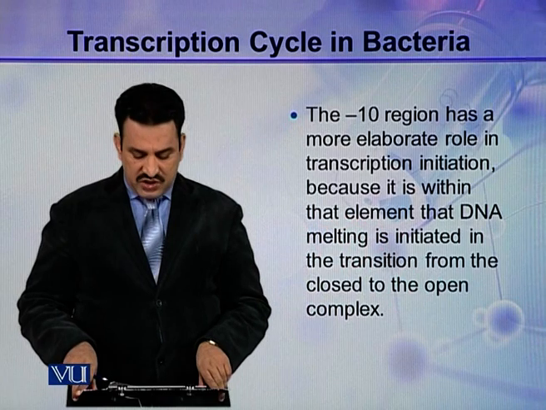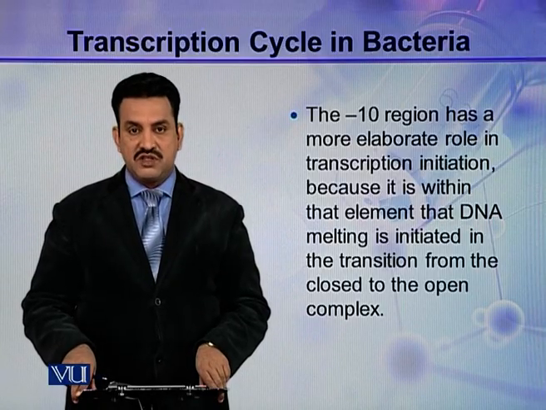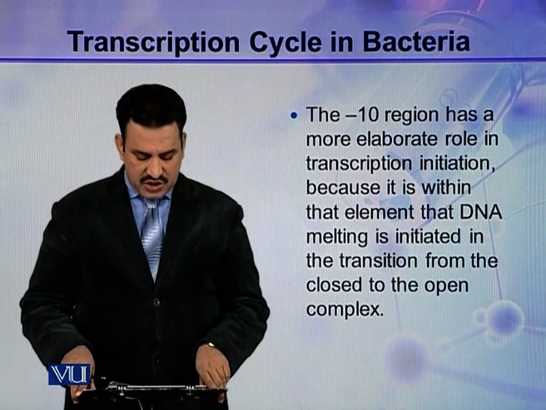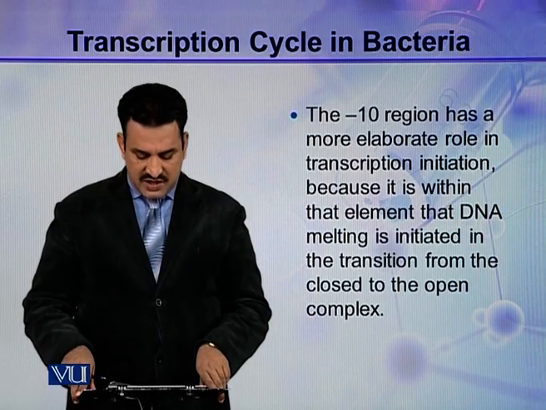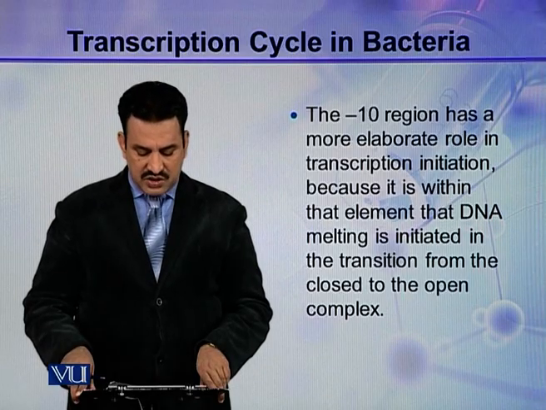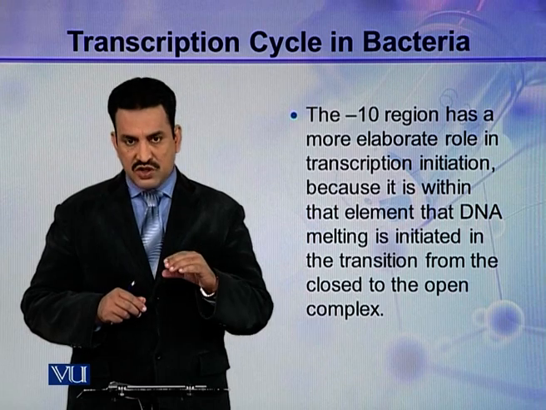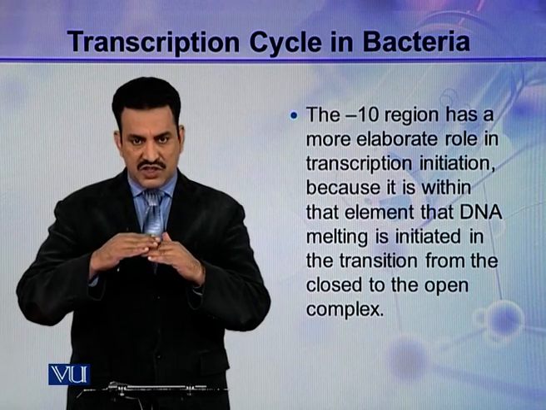The minus 10 region has a more elaborate role in transcription initiation, because it is within that element that DNA melting is initiated in the transition from the closed to the open complex. So this is the region where DNA starts separating.